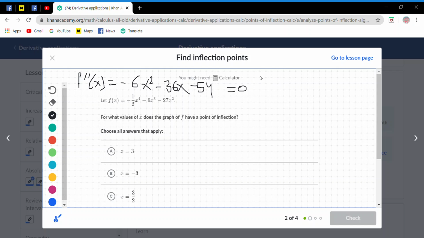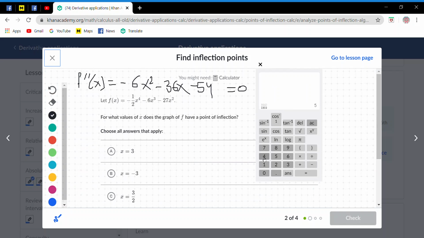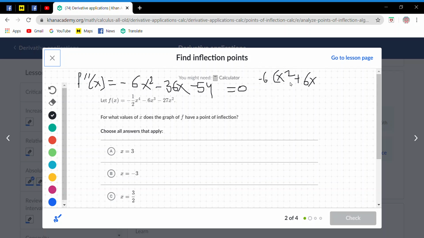So we can factor out negative 6, and this becomes x squared plus 6x plus 9, since 54 divided by 6 equals 9, equal to 0.